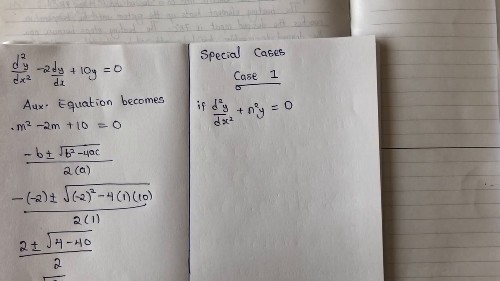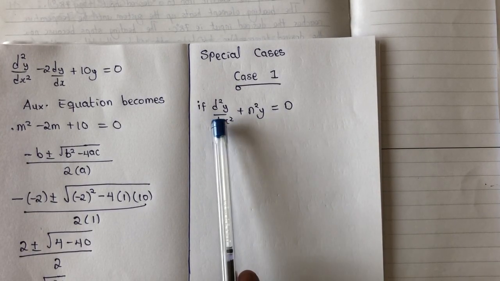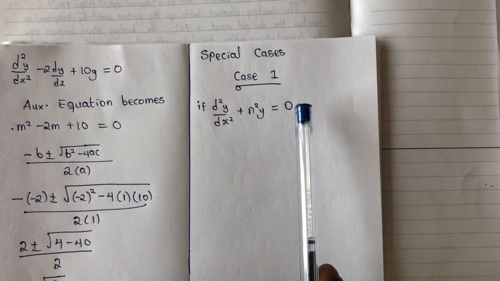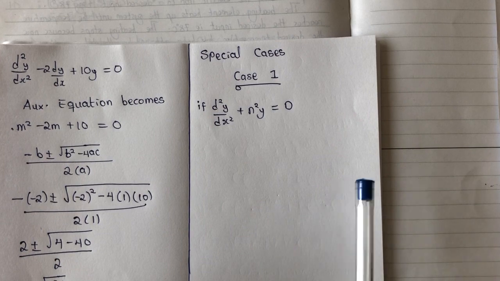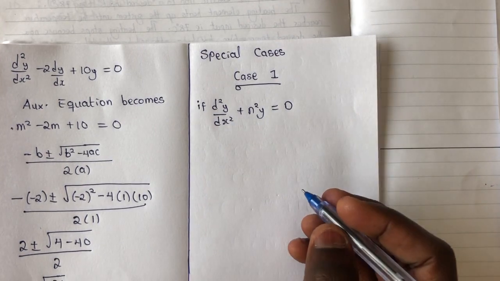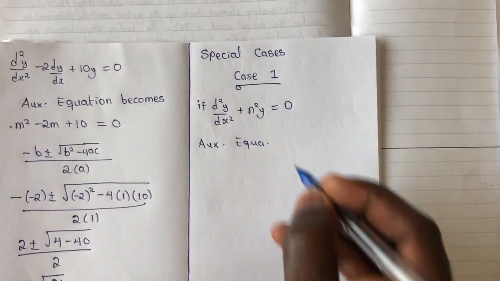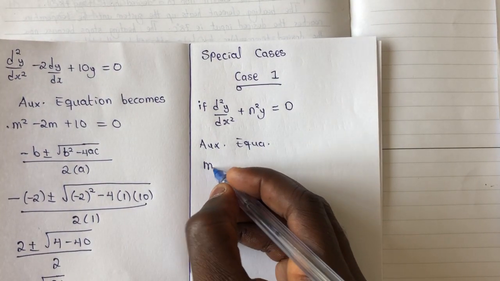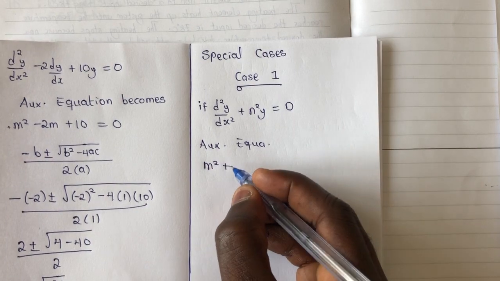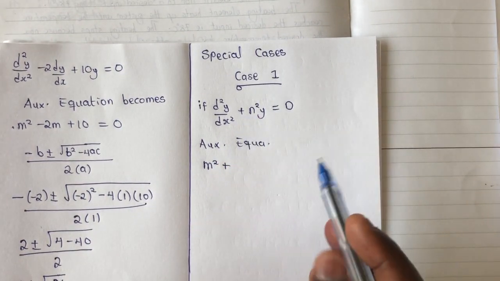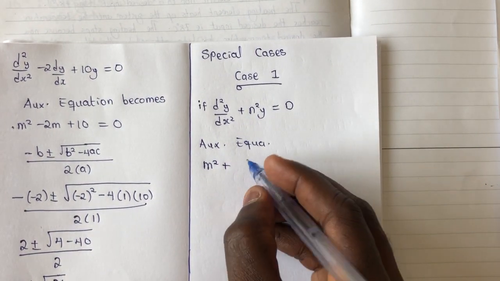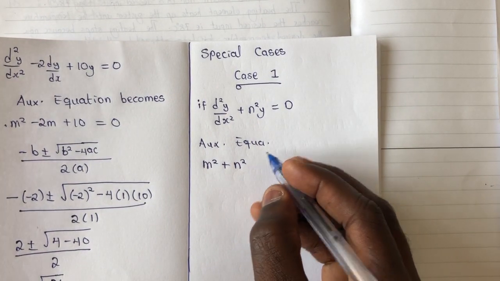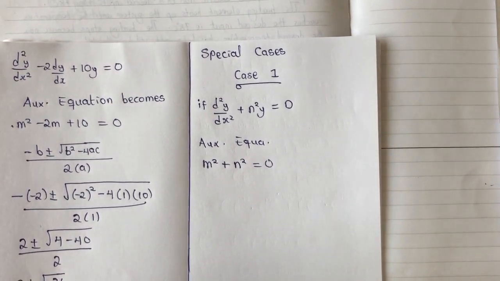Case 1. What if we have a function of this form? d squared y over dx squared plus n squared y equals 0. I'll take an example so you understand. Let's derive the auxiliary equation. The auxiliary equation becomes m squared plus, there's already an n here, so there's no need for us to repeat m, plus n squared equals 0.